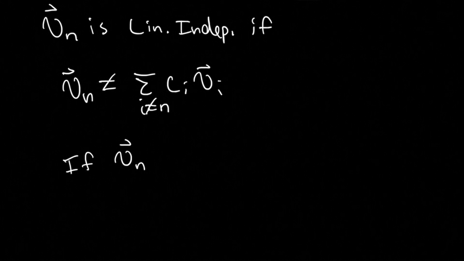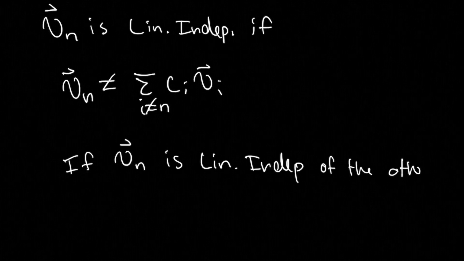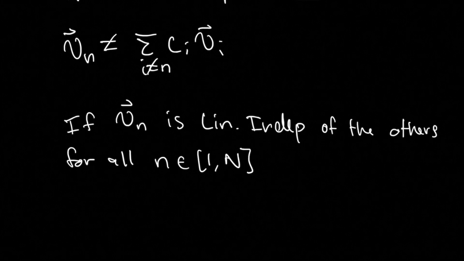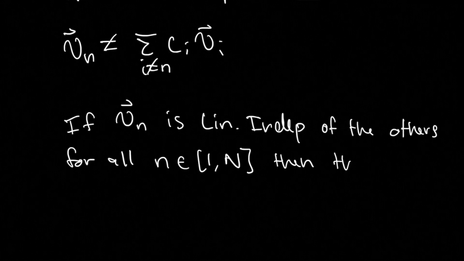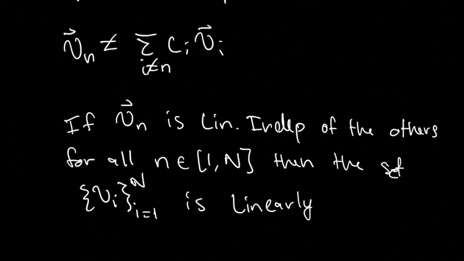If vn is linearly independent of the others for all n in the range of vectors in the original set, then the set is said to be linearly independent.